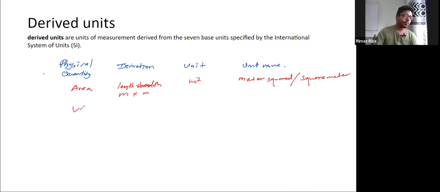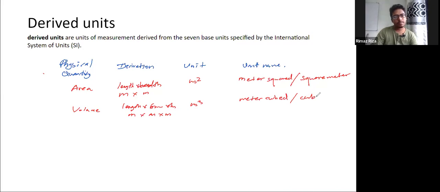And then volume. So you can write length into breadth into height. Okay. So meter into meter into meter, meter cube, meter cube, cubic meter. Okay. And then density.